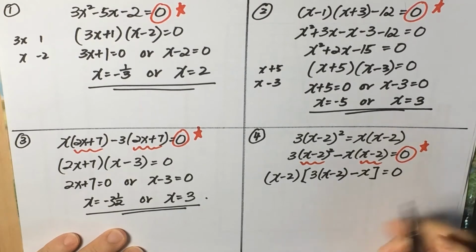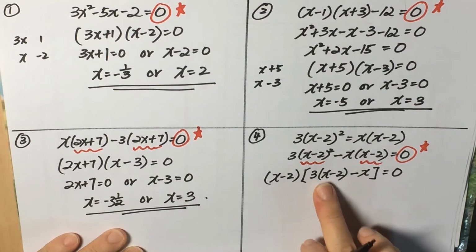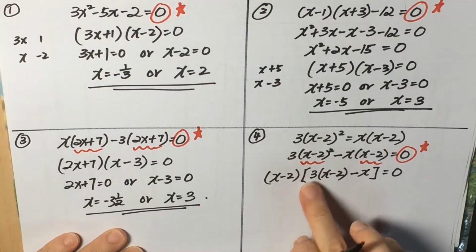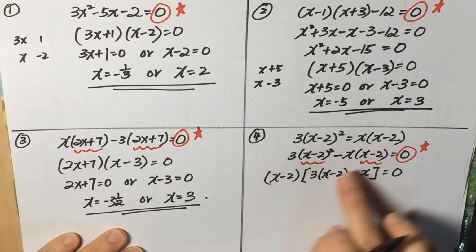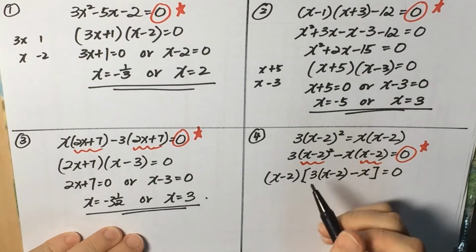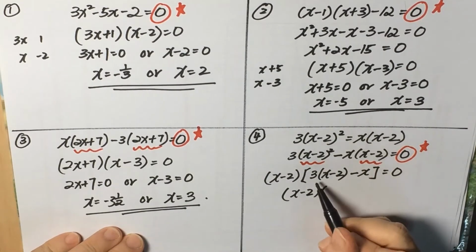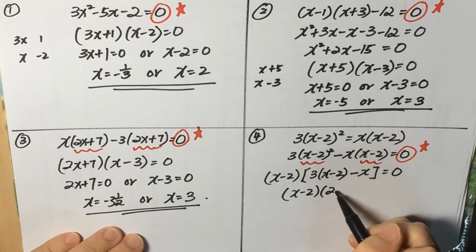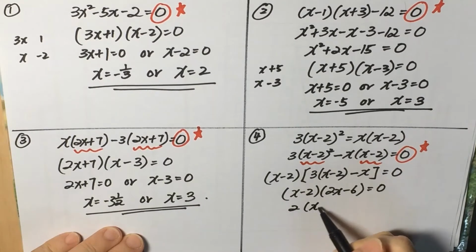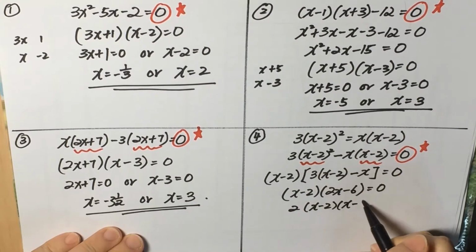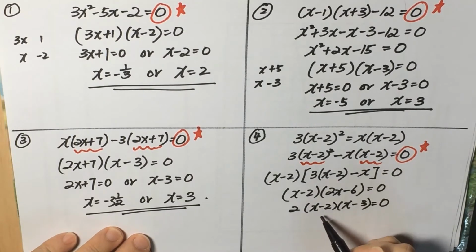When you multiply x minus 2 back into this factor, you will see the first term is 3 times x minus 2 squared, and this one times this will become x times x minus 2. Okay, x minus 2 cannot simplify, but the second bracket can simplify. 3x minus x, so it's 2x, and then minus 6 is 0. 2 is a common factor for the second factor, so we take 2 out, and so x minus 3 times x minus 2 is 0.